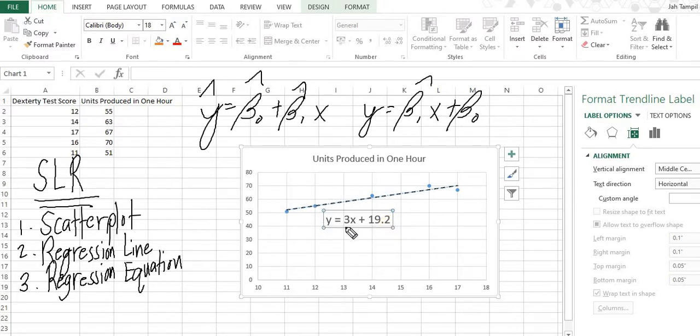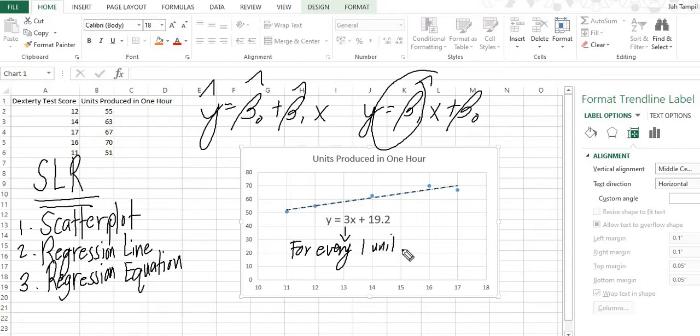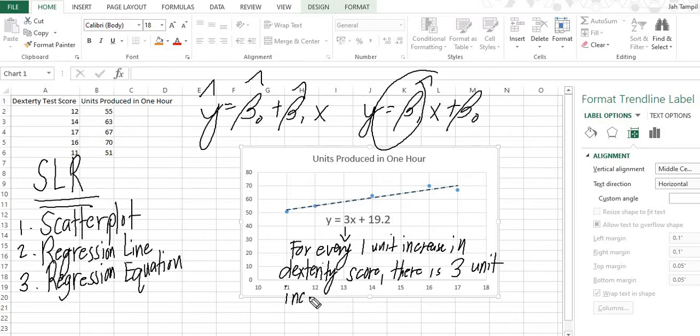Remember, when we interpret, the 3 here is our beta sub 1, which means for every 1 unit increase in dexterity score, because that's our x, there is 3 unit increase in the unit produced per hour.